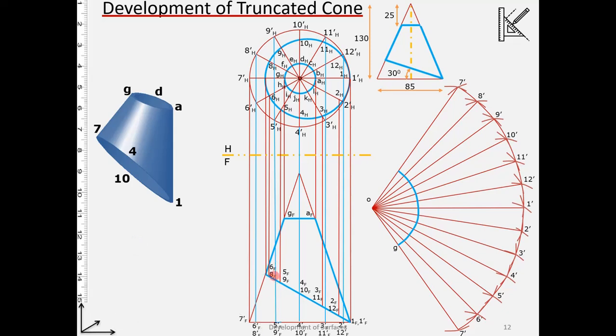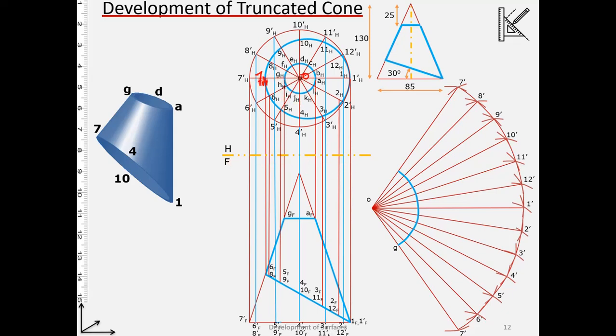For example, say point number 7. Say this is point number 7 here. 7H is the point here. Where is point number 7? Here. So O7, this line is parallel to the frontal plane.